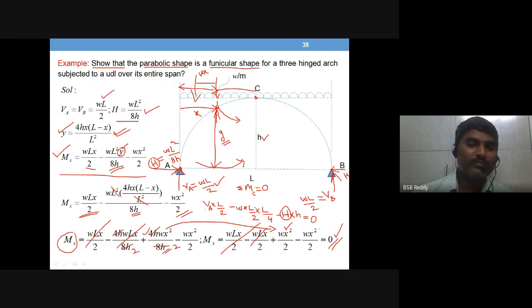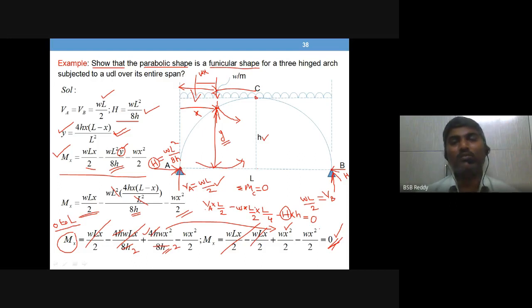Means what? What is Mx? The bending moment at a distance of x in the arch. x can be any value from 0 to L. So you take any section, Mx is always 0. Okay.